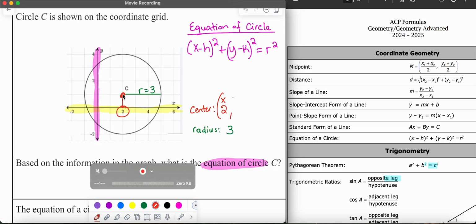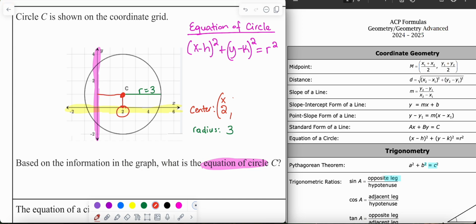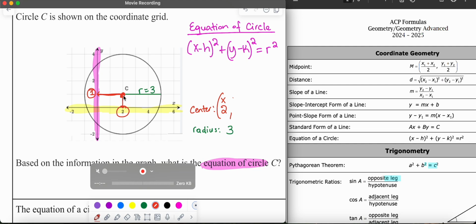Now we're going to locate the y value. If I continue right here, your y value would have to be 1. So this center is in the location of positive 2, positive 1.